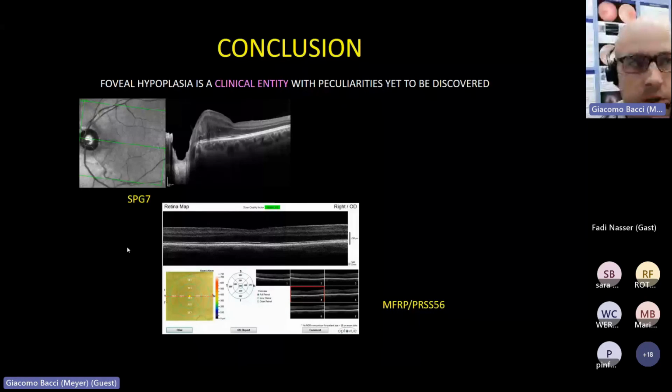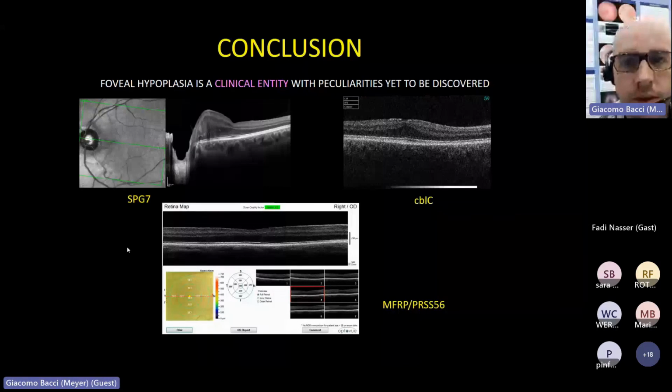Also patients with metabolic disorders related to cobalamin C can present not only with maculopathy but also with degrees of foveal hypoplasia. So this shows that there is a lot that we have yet to know about the development of the fovea.